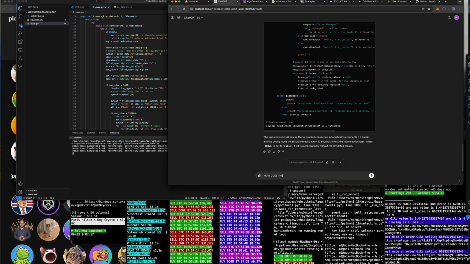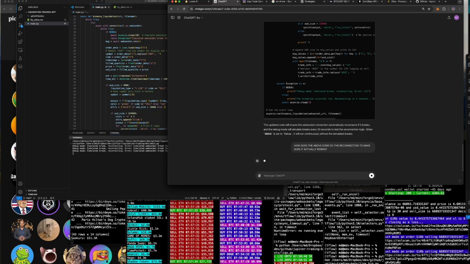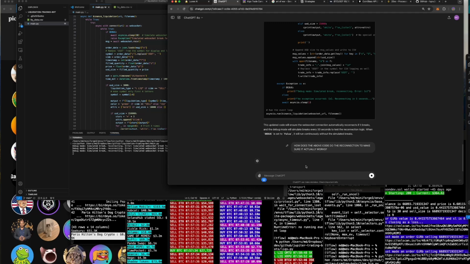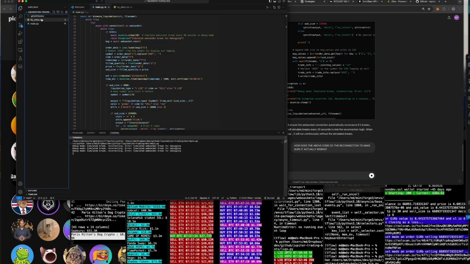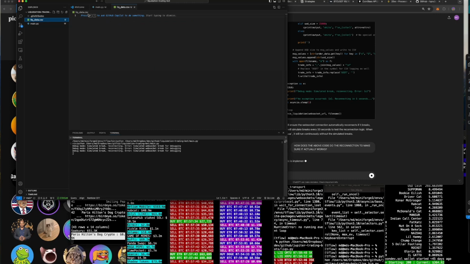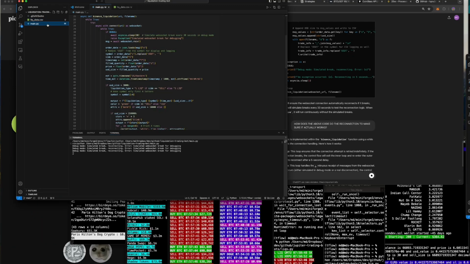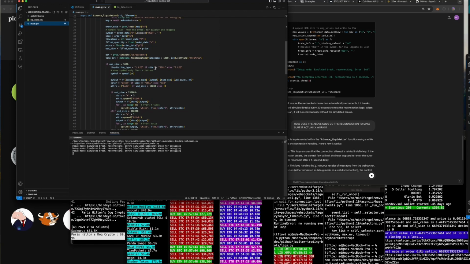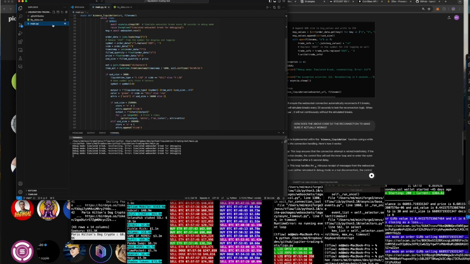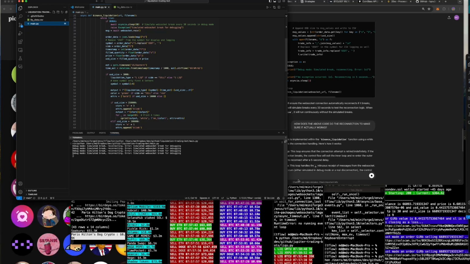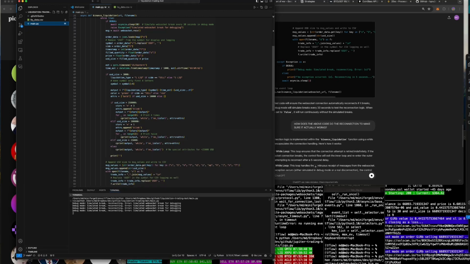How does the above code do the reconnection to make sure it actually works? Okay, there we go. We got a liquidation here. Another liquidation. I've got two running here.